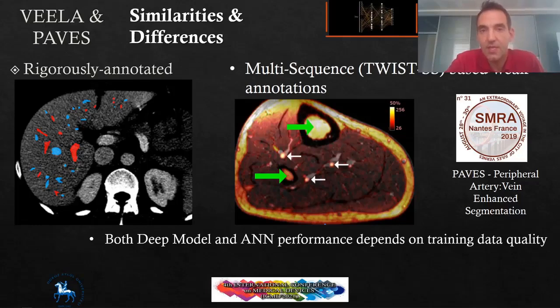Now, weak annotations of course do not have as high a quality as rigorously annotated manual annotations, but the good thing is you can keep obtaining these weak annotations. You can continuously obtain them because as you acquire images from different sequences, you get more and more images, and you can increase your data set continuously without paying for labeling.